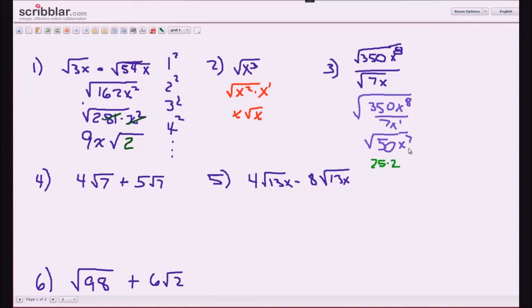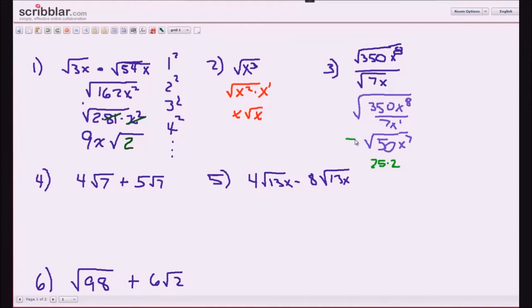Now x to the 7th, well, the variables are actually really easy. Since we're doing the square root of 7, we can actually take that 7 and divide it by 2. What in the world do I mean by that? Well, a square root is the same thing as a half exponent.